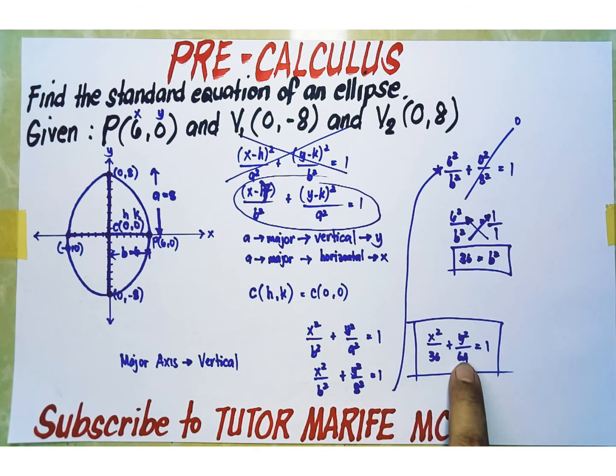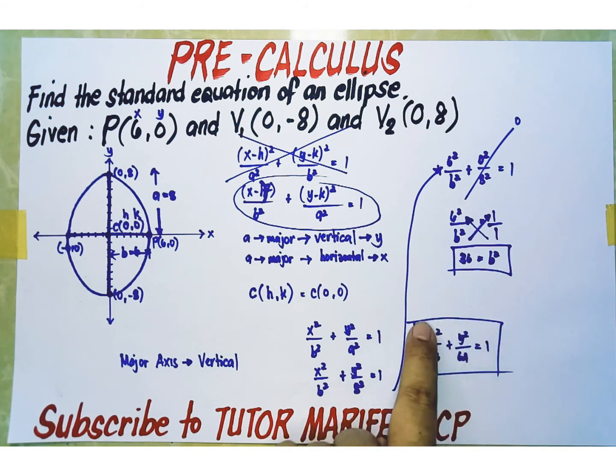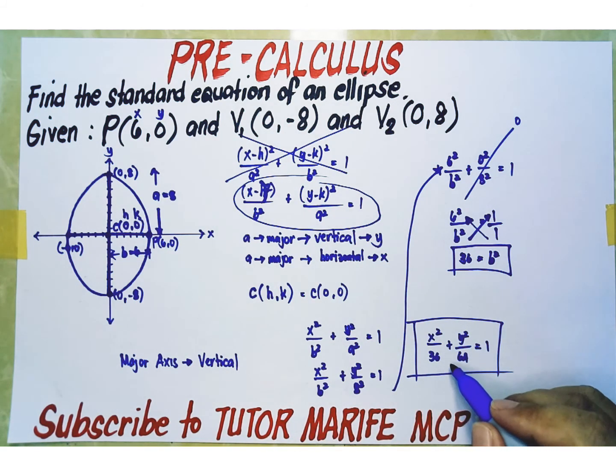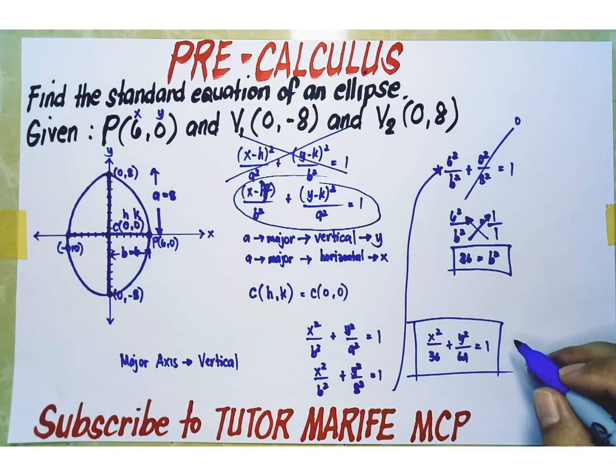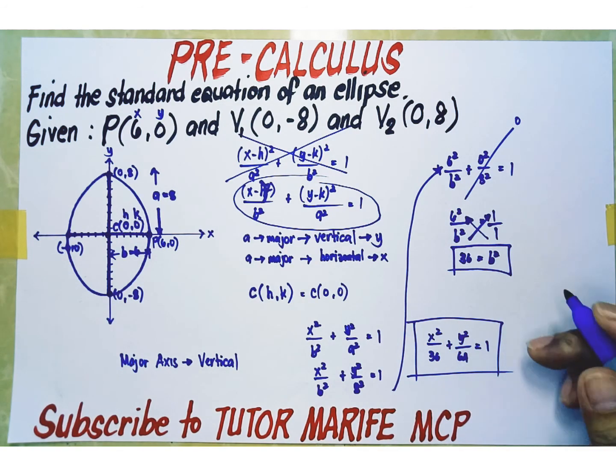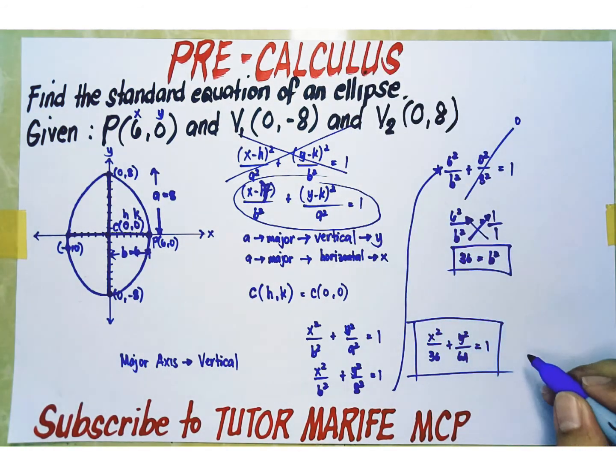Simplify 8 squared, it becomes 64. The equation is still x squared over 36 plus y squared over 64 equals 1. Okay, so this is the standard equation for our problem.